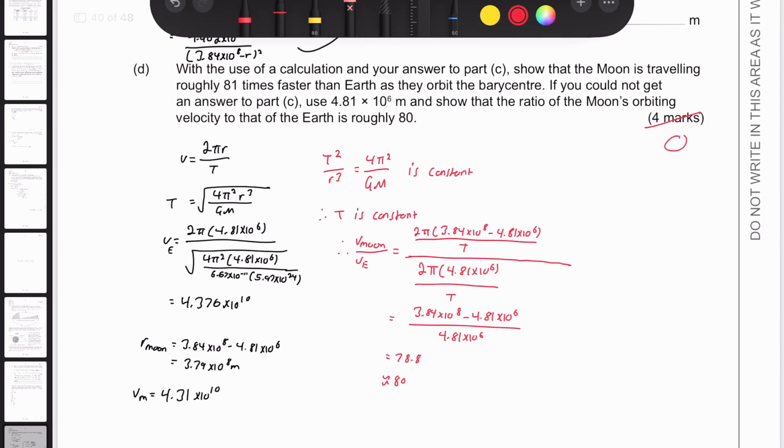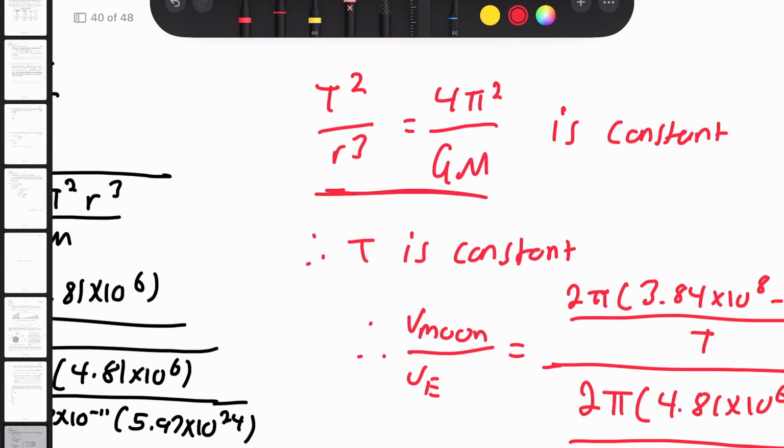And here, I just didn't see this at the start, but this was actually constant because you're orbiting around the same barycenter, so the same center of mass. Like how for all of Jupiter's moons, the T squared over r cubed thing is all the same because it's the same central mass.